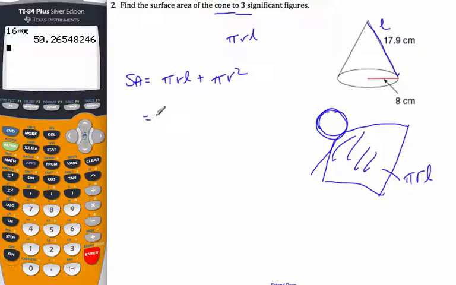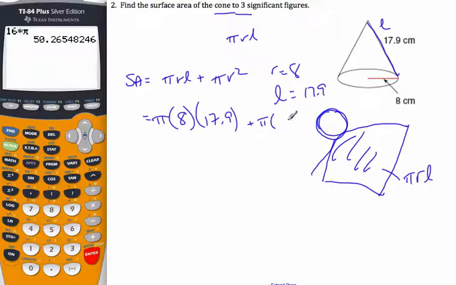So then it's just a matter of plugging my values in. What's r in this case? 8. And L is 17.9. Okay, plug it in and I get pi times 8 times 17.9 plus pi times 8 squared. I'm a big fan of writing the formula and this step out here. This is the thinking step. At this point, I can just go to my calculator because I want 3 significant figures.